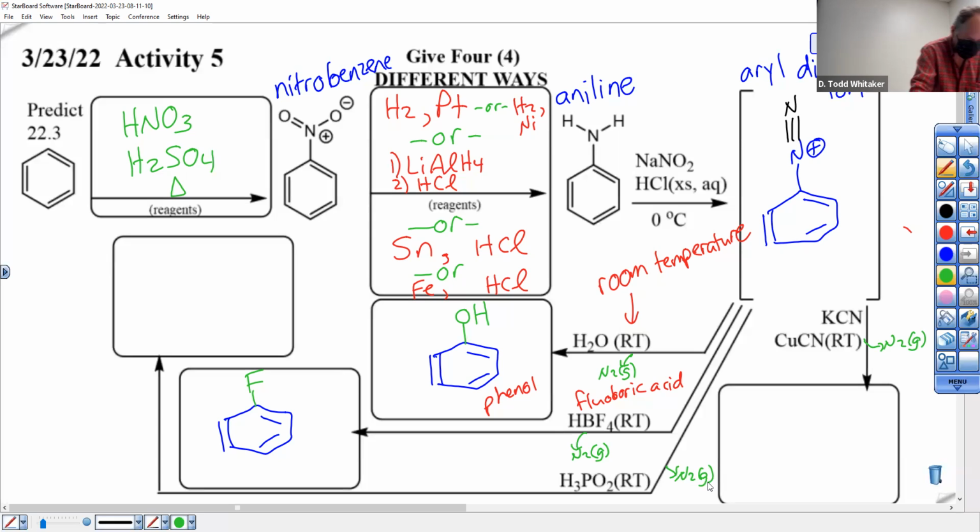And H3PO2 is hypophosphorous acid. It actually does something that looks like it would be something you would never want to do. You're back to benzene.